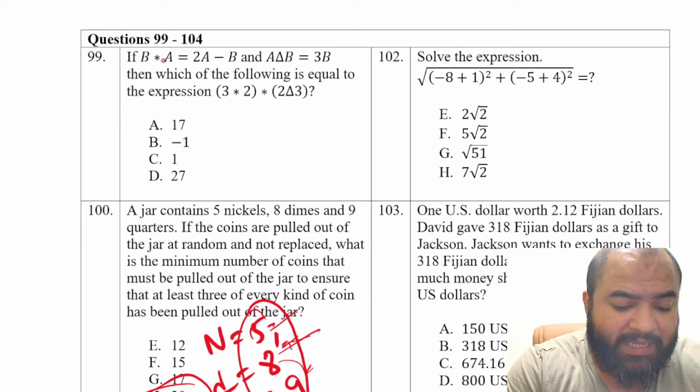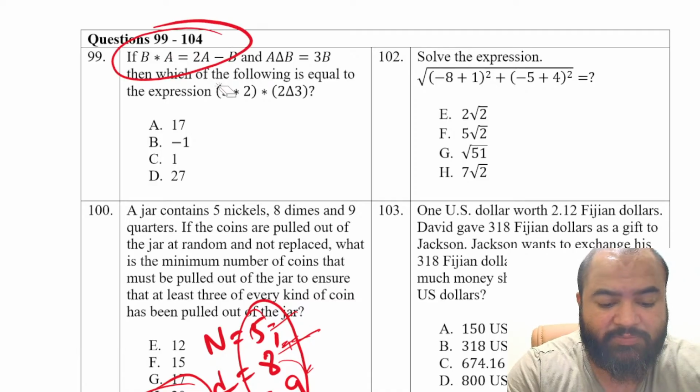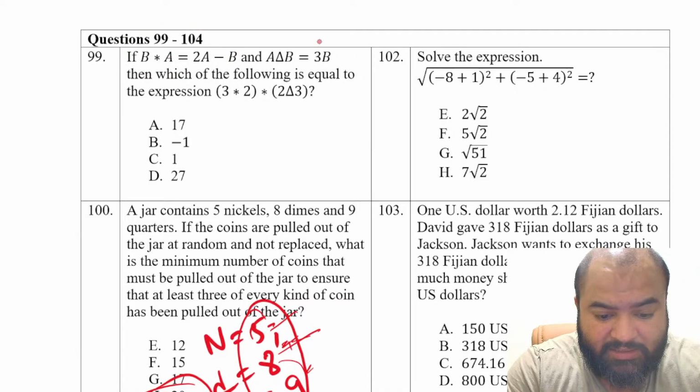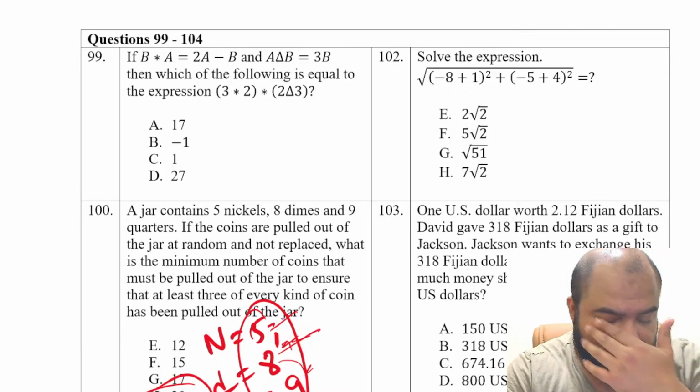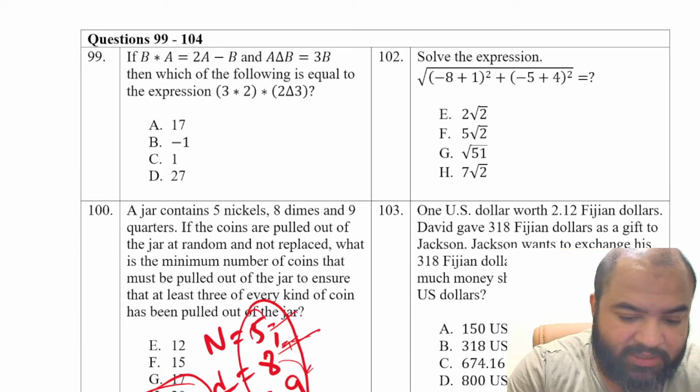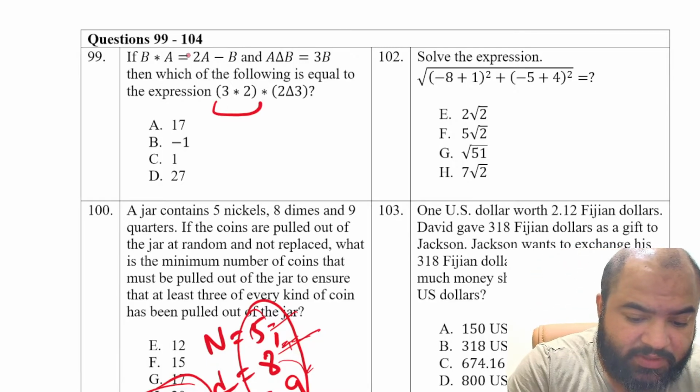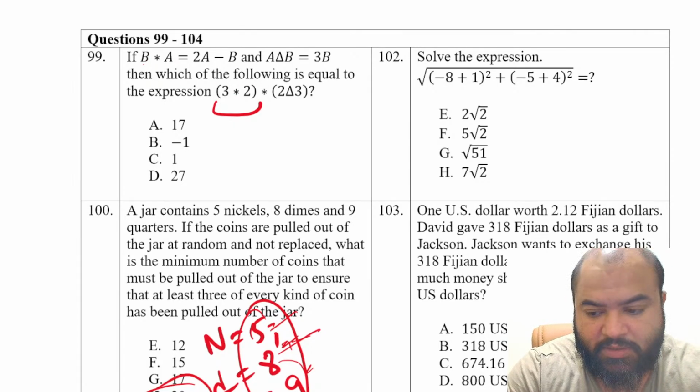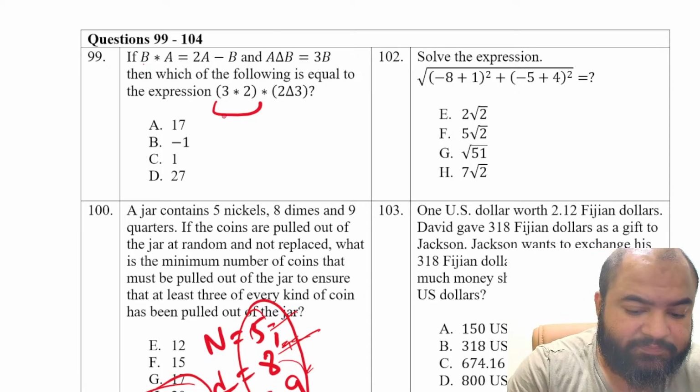Alright, 99. So B star A, whatever this thing is, means 2A minus B. And the triangle is this. You just plug in. Look at this. 3 star 2, right? So 3 is the B and A is the 2. Now just plug in.